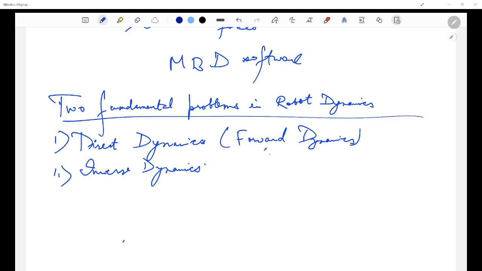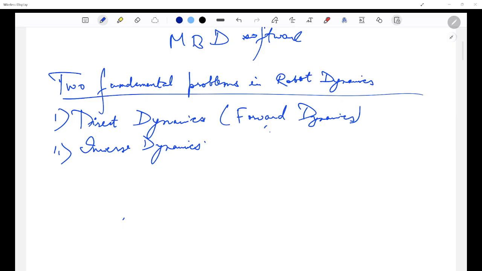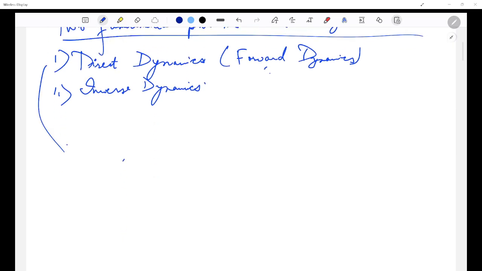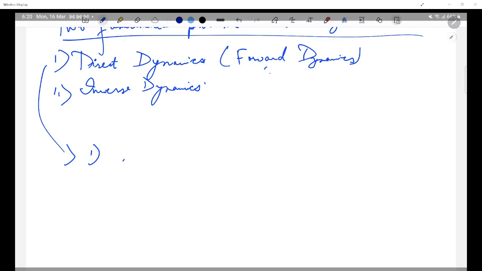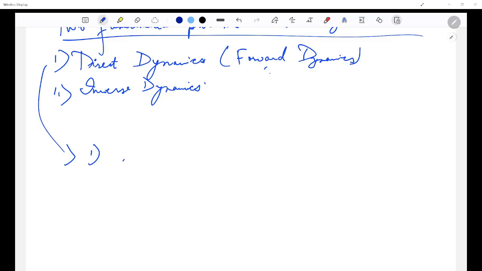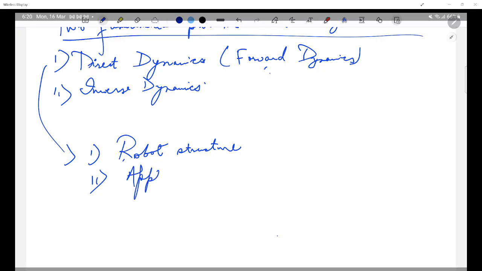So what happens in direct dynamics? In direct dynamics, you are given the robot structure, that is how the robot looks like, which is actually a common thing. And what are the joint positions and everything, and what are the applied joint torques.